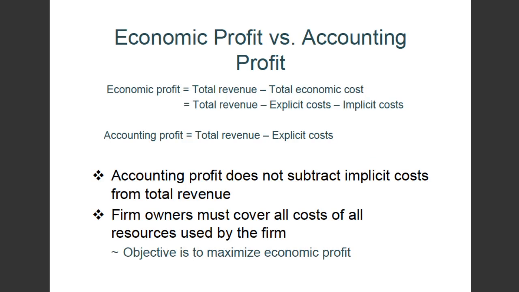Accounting profit doesn't account for implicit costs. From the perspective of the firm, the owners are interested in all costs with the objective to maximize economic profit.